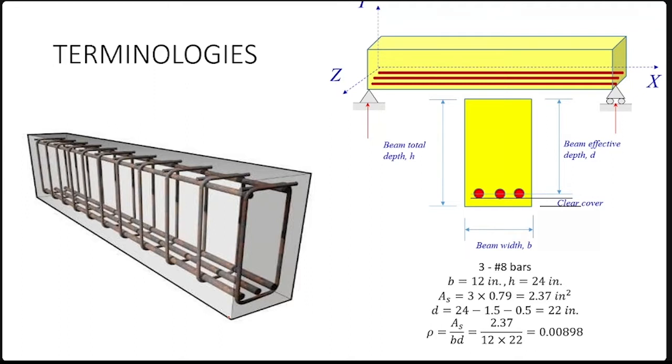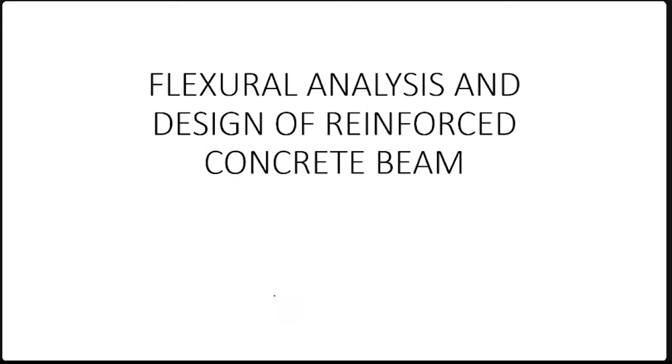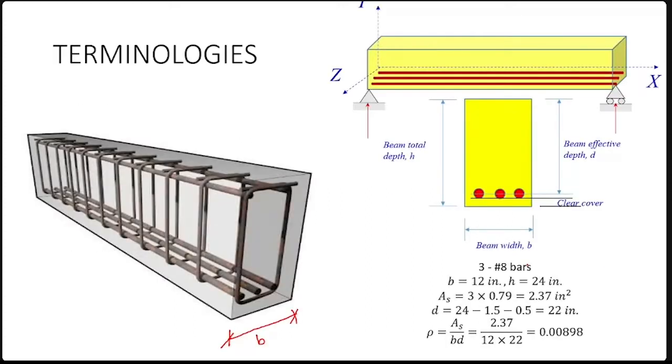The objective of the first half an hour is to understand the terminologies. For example, this dimension of the beam, which is usually horizontal, is called the beam width, B. We will always denote it with B. If you look at this beam from the front, you will probably see a cross section like that.